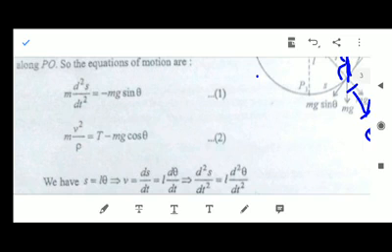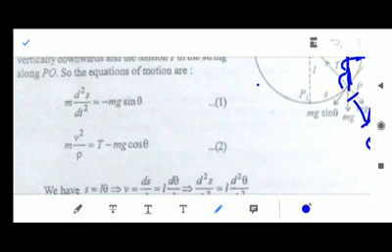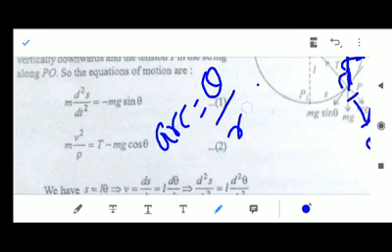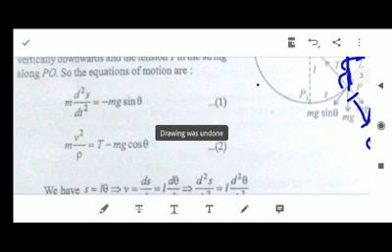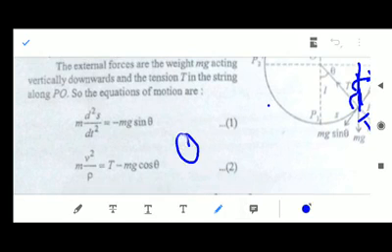Now, as we know, in a circle, arc length equals radius times angle, so angle theta equals arc upon radius.